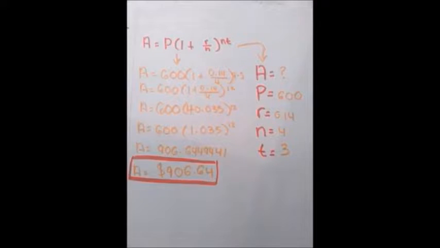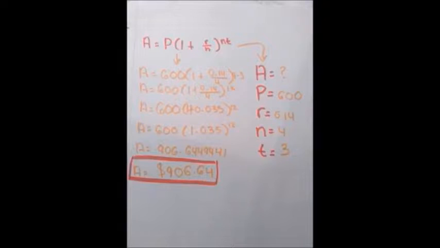I then go into the parentheses, simplifying everything until I have 1 plus 0.035, which then simplifies again to 1.035. I then use the exponent to simplify the rest of what's inside of the parentheses, and then multiply this by what's outside of the parentheses, 600.